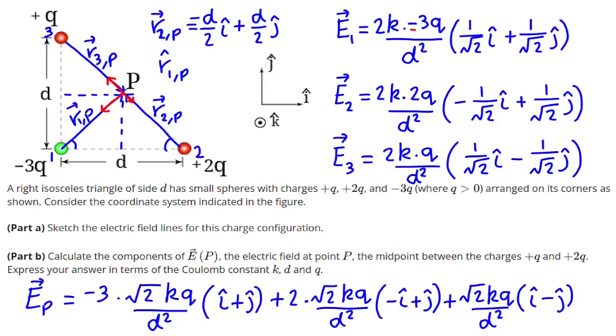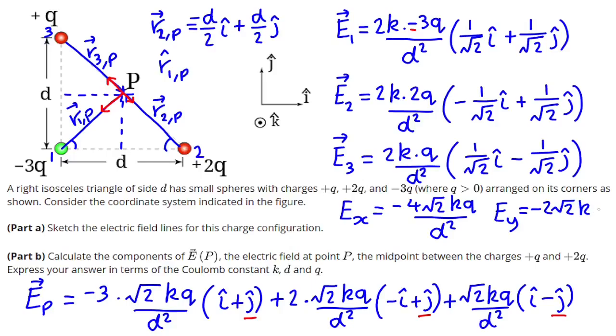So therefore the x component of the net electric field is minus 3 minus 2, which is minus 5, plus 1, or minus 4, by root 2 kq on d squared, and the y component is minus 3 plus 2, which is minus 1. Minus 1 gives minus 2. So that'll be minus 2 by root 2 kq on d squared.